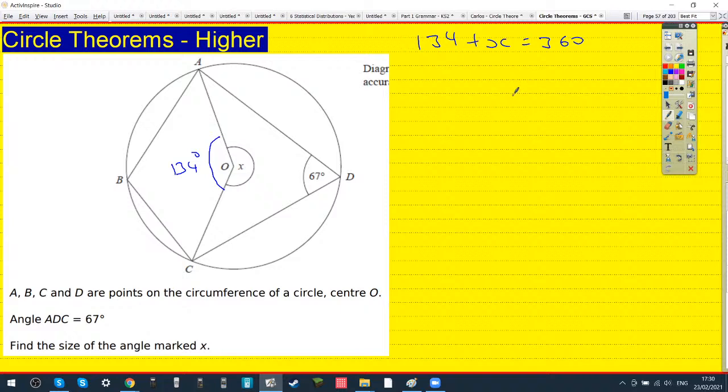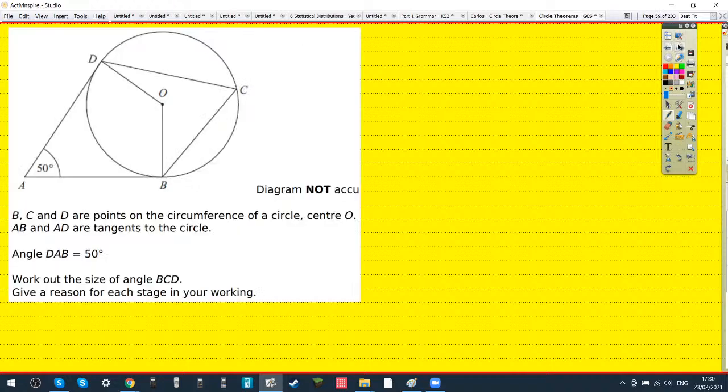So that is 226. 226 degrees. Yep, great.